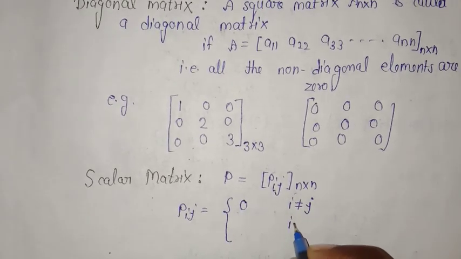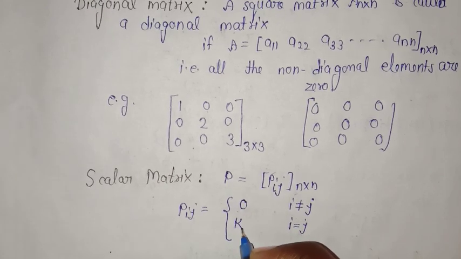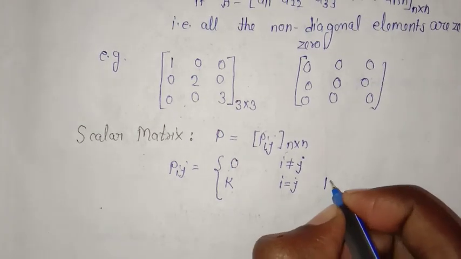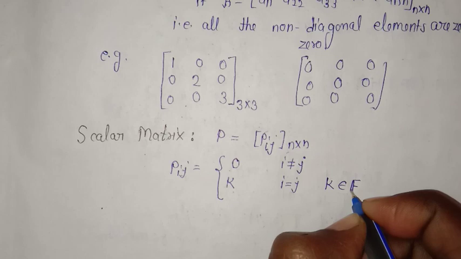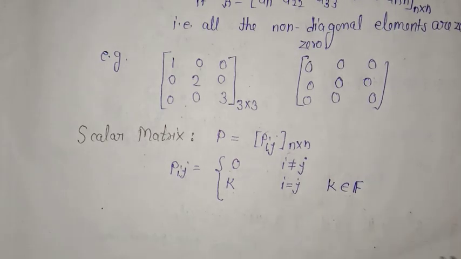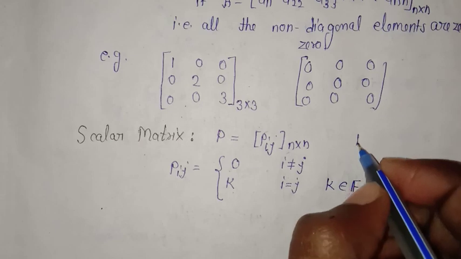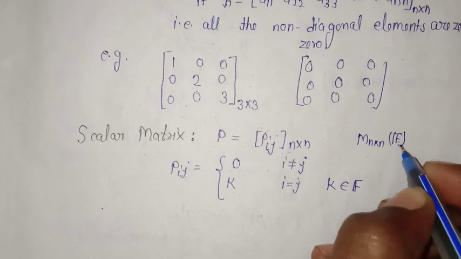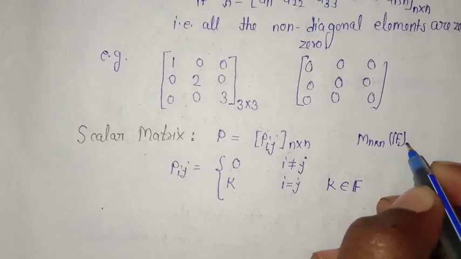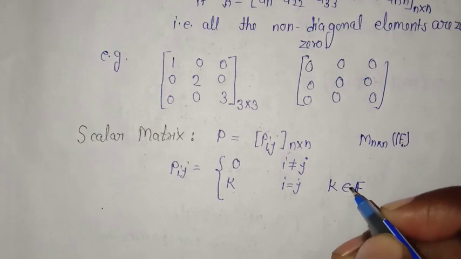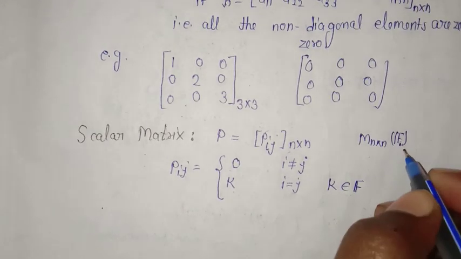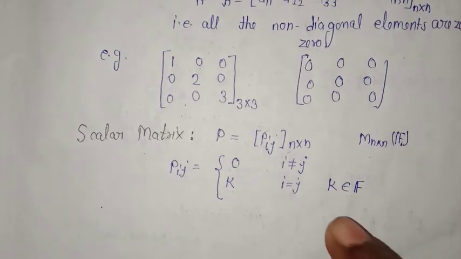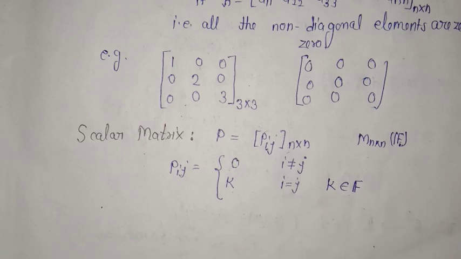And if i equals j, it will always be the same, say k, where k comes from the field F. As we know, matrices always form a vector space, we have discussed M n cross n over F. So the entries of the matrix will always come from the field F. If you choose the real field, you will get real entries inside the matrix, and if you choose the complex field, you will get complex entries. So here we are choosing a field F and k comes from that field.